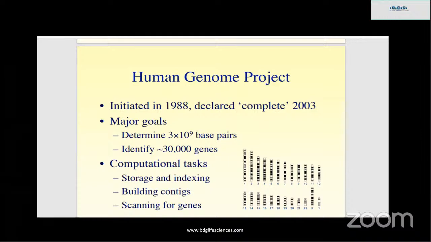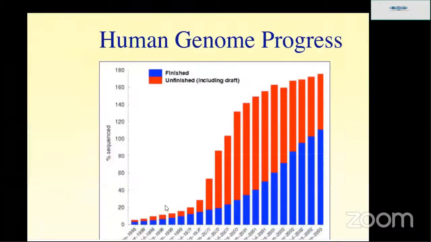So, which were the major goals behind this Human Genome Project? It was to determine about 3 times 10 to the 9 base pairs and identify 50,000 genes. So it involves a lot of computational tasks like storage and indexing, building context, and scanning for genes.